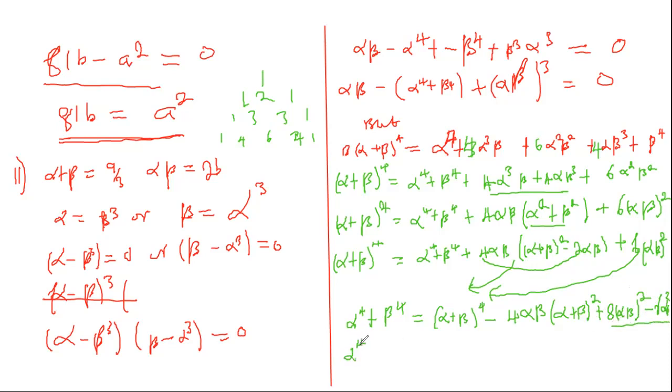So we have alpha to power 4 plus beta to power 4 is equal to alpha plus beta to power 4 minus 4 alpha beta into alpha plus beta squared, then plus 2 alpha beta squared.